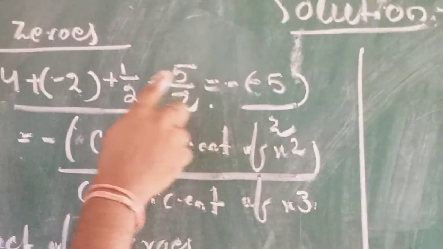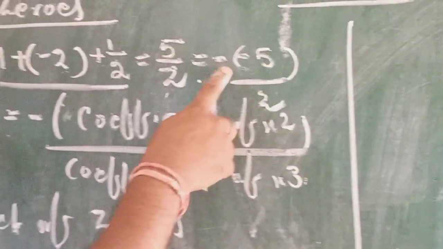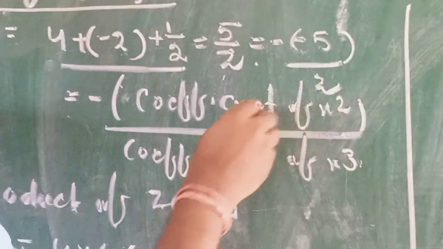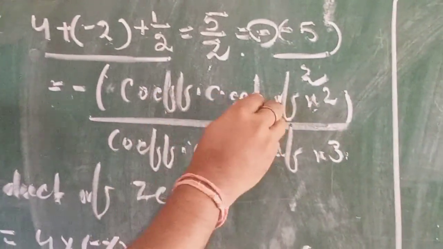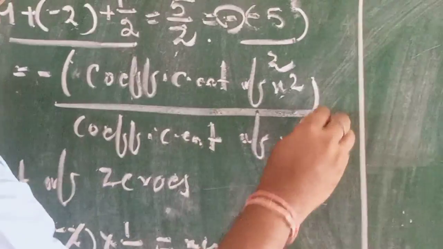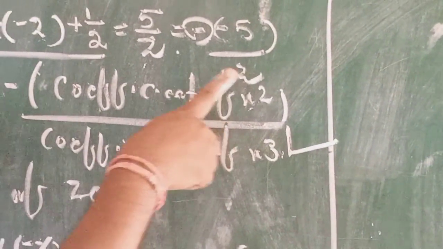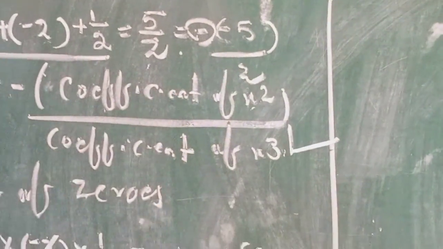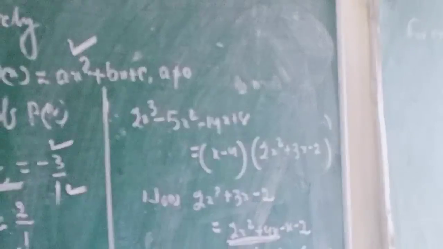Why? Because minus 5 is the coefficient of x square, so you can write minus coefficient of x square by coefficient of x cube, because 2 is the coefficient of x cube here.